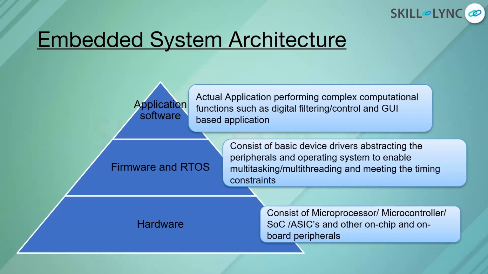Along with the peripherals and device drivers, you have the operating system which enables multitasking and multi-threading, and ideally helps you to meet the timing constraints, resource constraints, budget constraints, all those constraints of your application software.